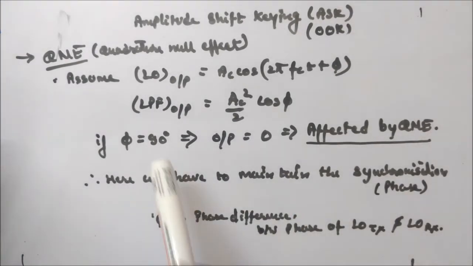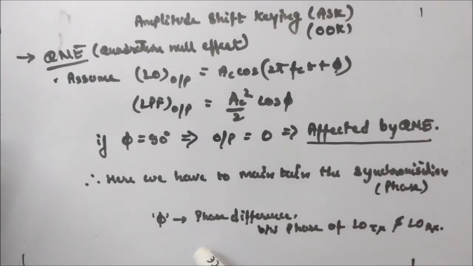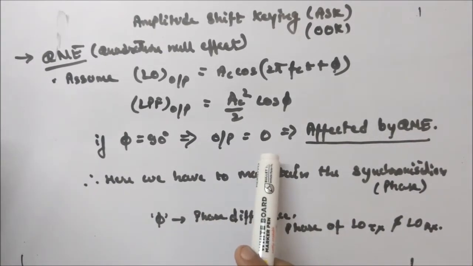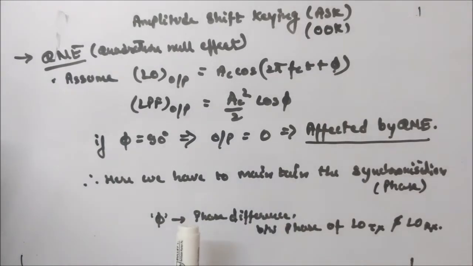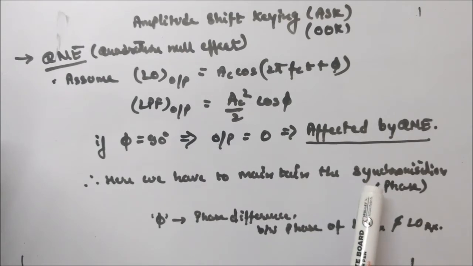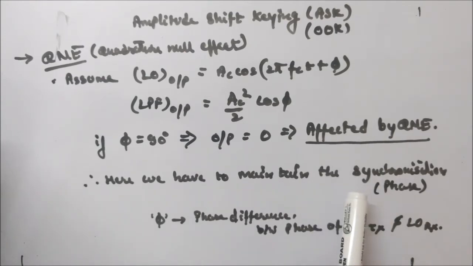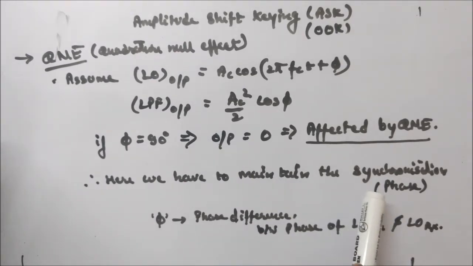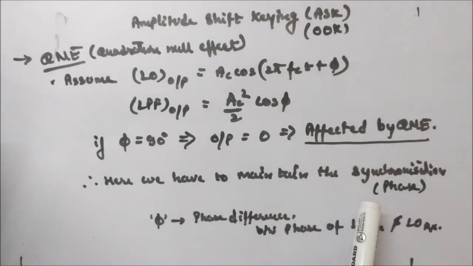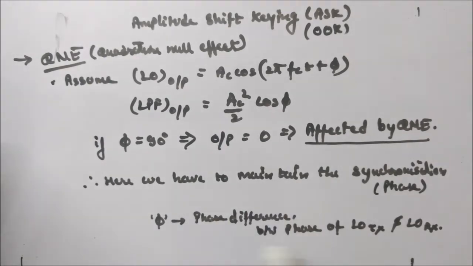If phi goes to 90 degrees, things will be different, and you will not be able to receive bit 1. Maintaining the synchronization is a pretty difficult task that requires extra circuitry, and this is done in real life as well, to maintain the synchronization between the local oscillators of the transmitter and receiver.